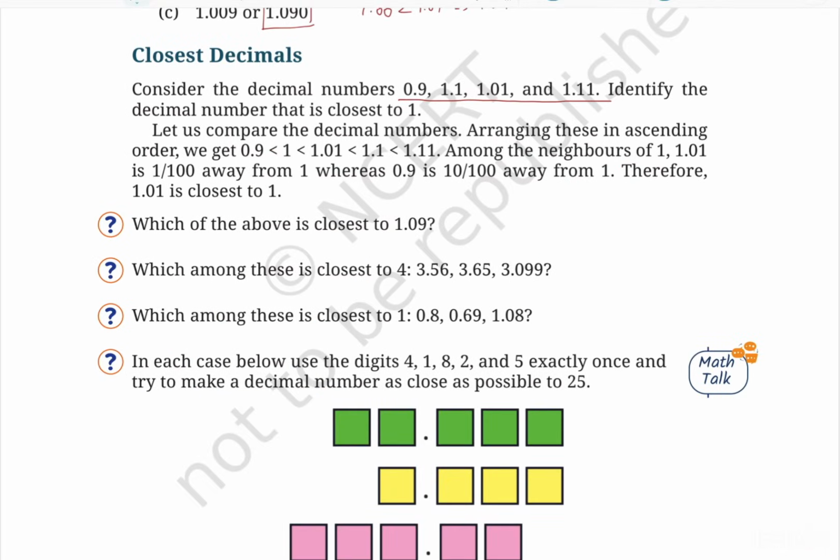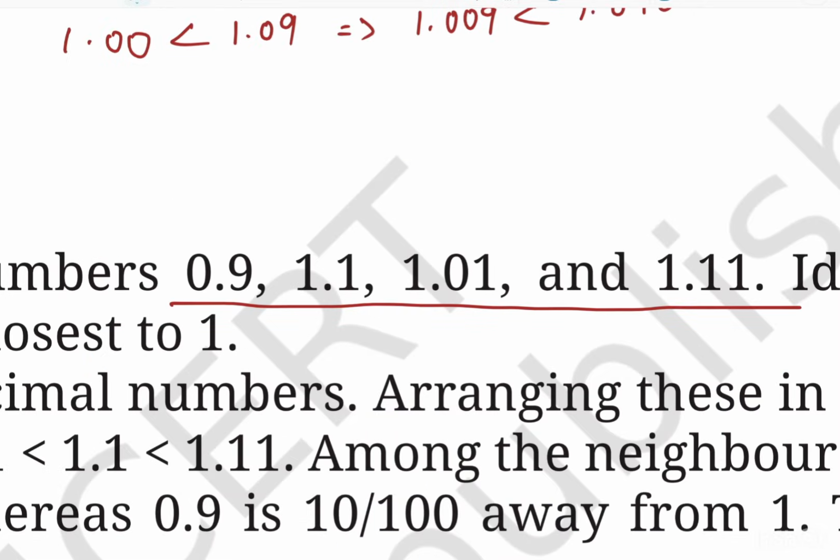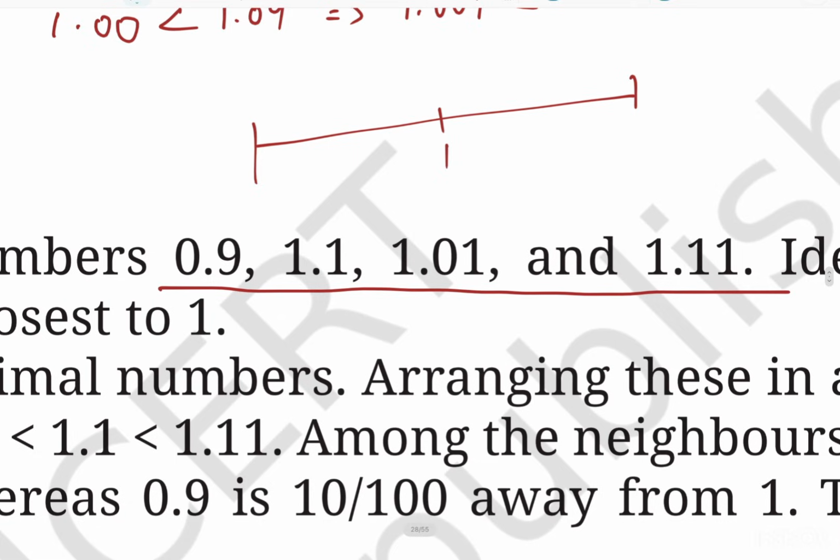The section is closest to decimals. First we have to consider these numbers 0.9, 1.1, 1.01 and 1.11. So which number is closest to 1? Here the number is between 0 to 2 and the middle number can be taken as 1.